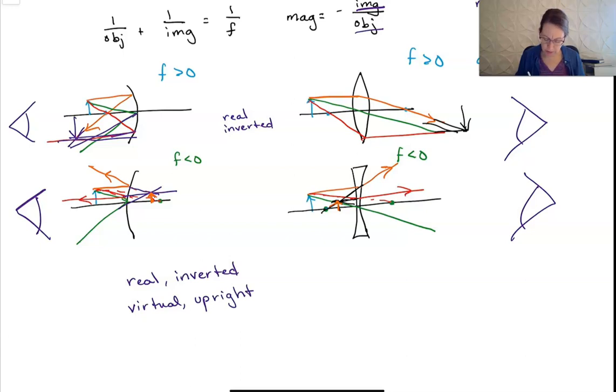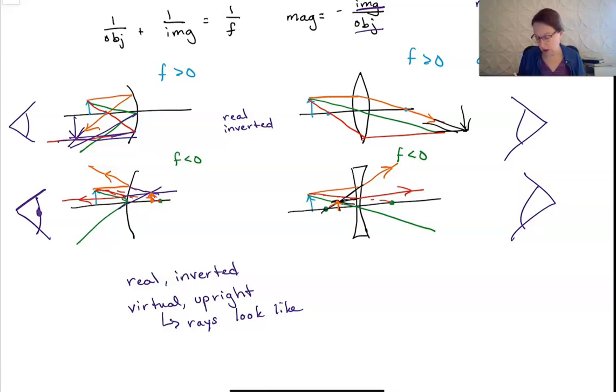A virtual image means that the rays aren't really there, they just look like they're there. So in this case, the eye down here in this bottom convex mirror, notice the straight line, the image is behind the mirror. Well, there are not any light rays back there.